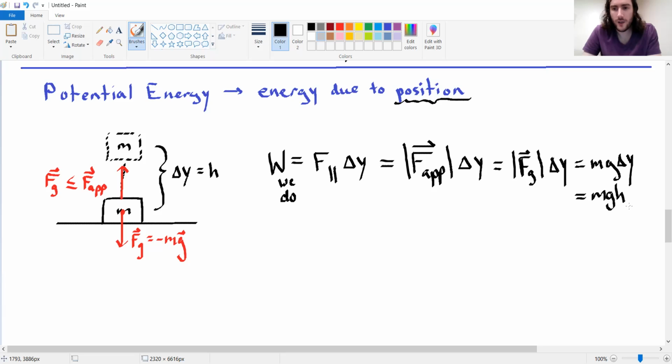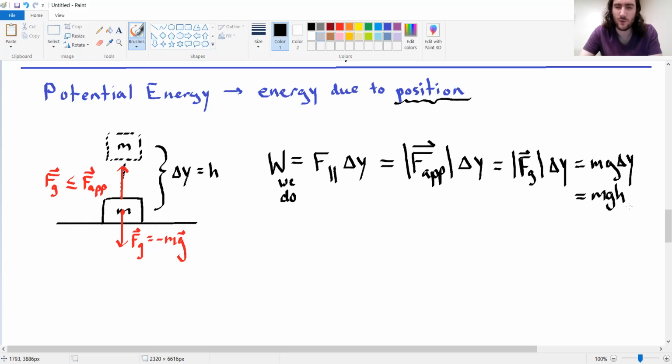And so we've calculated the amount of work that we have to do to move this block up a distance h above the surface of the earth. But we've assumed that the applied force, the force that we use to lift the object, is equal and opposite to the force of gravity. So hidden in that assumption is that we're lifting this mass up really slowly, with a velocity that's really close to zero.